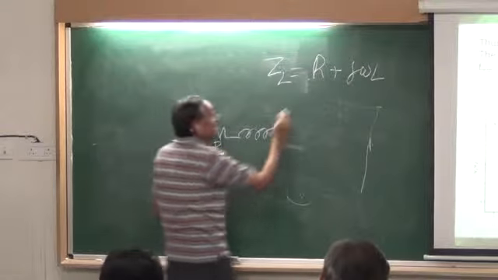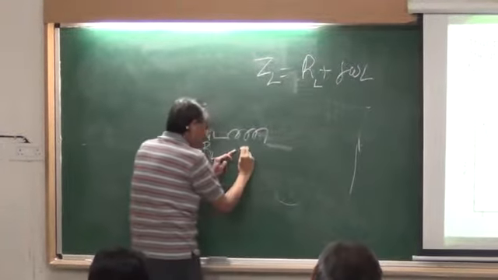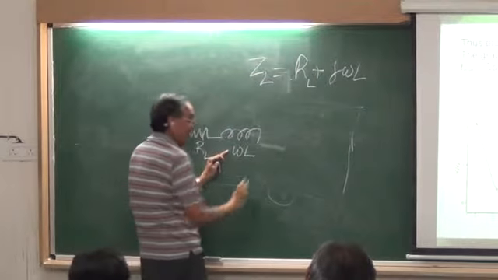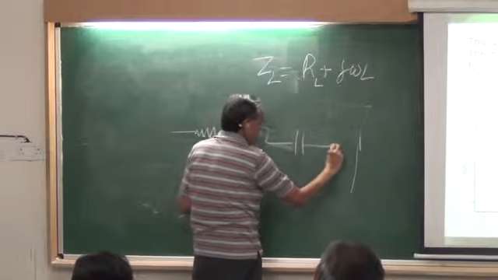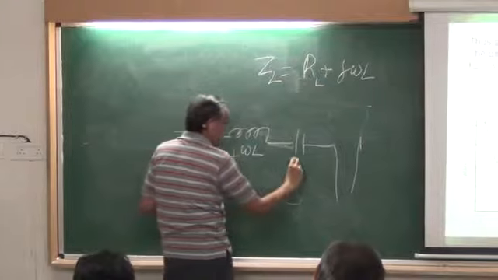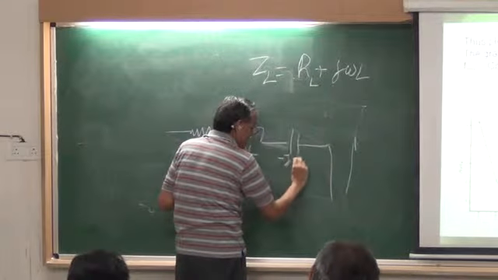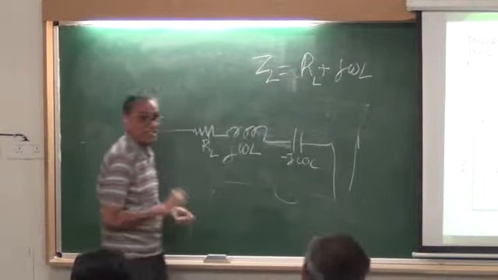This is j omega L and this is minus j by omega C.